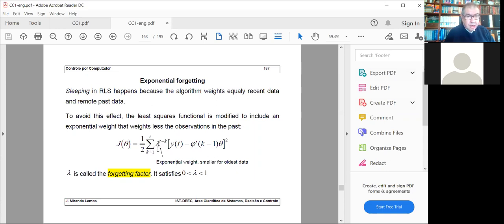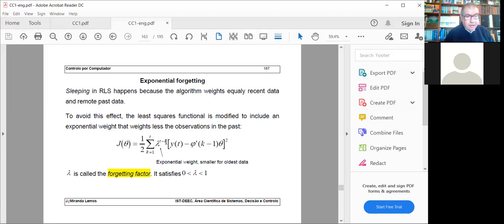We can put here this factor, lambda, which is a number between 0 and 1, up to t minus k. So k is the index of the summation, and t is the most recent instant. So k ranges from the first observation up to the last instant, from k equal to 1 up to k equal to t.